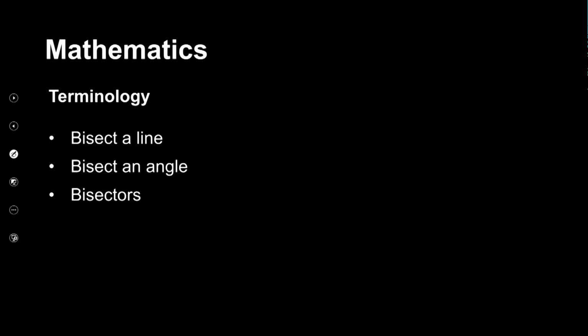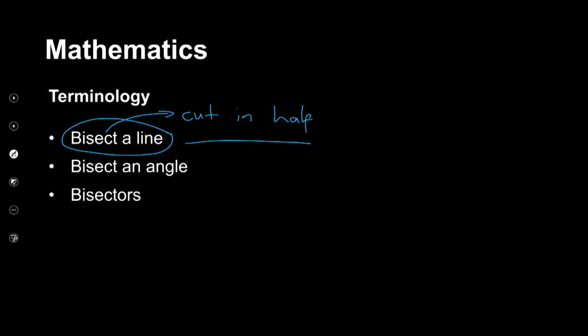What I want you first to think about is what we call bisect a line, right? To bisect simply means to cut in half. So if I say that AB is bisected, I simply mean that at this point, which I will call M, it makes AM equal to MB.